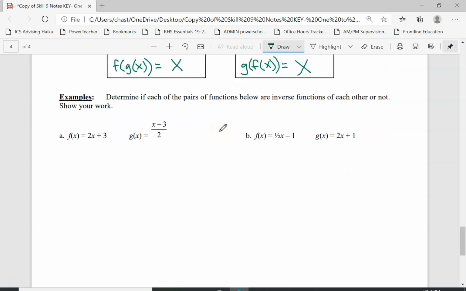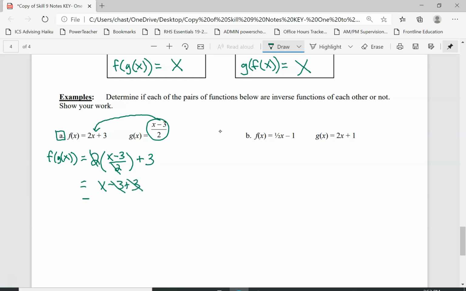So if I do f of g of x on example A, that means I'm going to plug my g of x into the variable for f of x. Looking over here, these twos will cancel, so I get x minus 3 plus 3. The minus 3 and the plus 3 cancel, so I just get x. If I reverse and go the other way, and I do g of f of x, that means I'm going to take f and plug it into the variable for g.